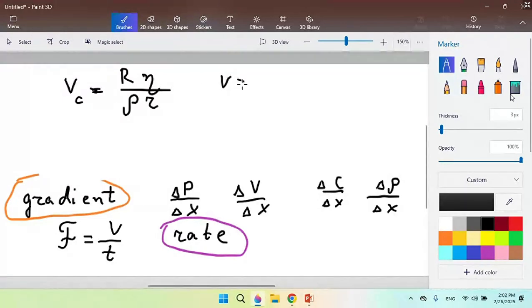If velocity is bigger than critical, this suggests turbulence. If it is less, then we've got laminar flow.